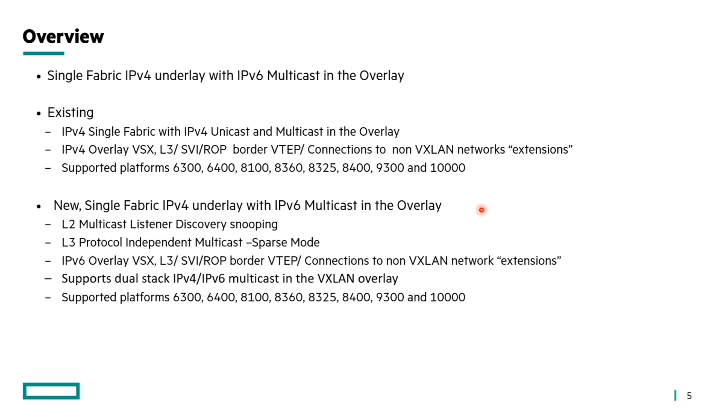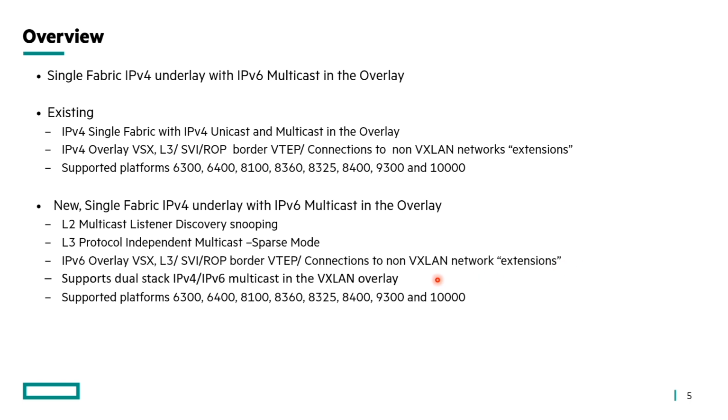What's new in this 10.12 update for the IPv4 underlay is that we are now introducing IPv6 multicast in the overlay too. We support layer 2 multicast listener discovery snooping. We're supporting PIM sparse mode for layer 3, and then we're also supporting IPv6 overlays with VSX and border VTEPs with connections to non-VXLAN networks.